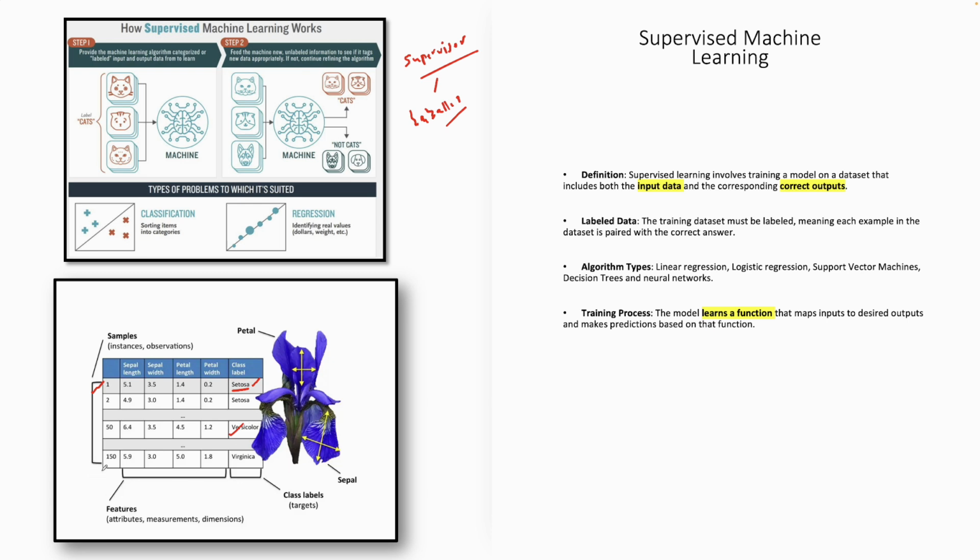Just think about it. Let's say I feed new data to my model: 5.9, 3.0, 5.0, 1.8. The model should be accurate enough to tell me, hey, based on this input data, it is a Virginica. That's the aim of this, right?